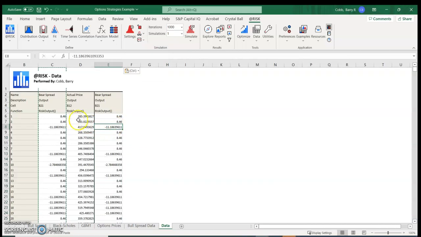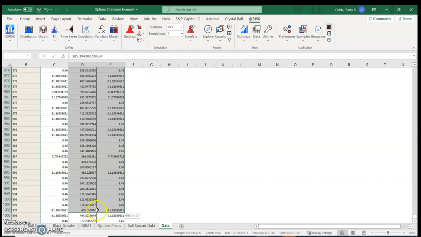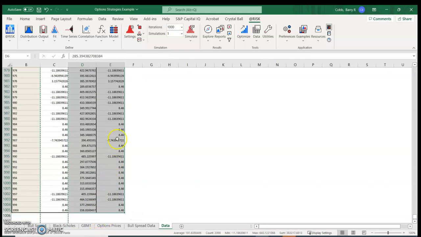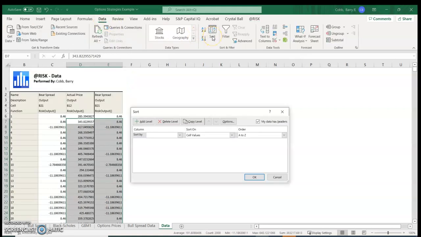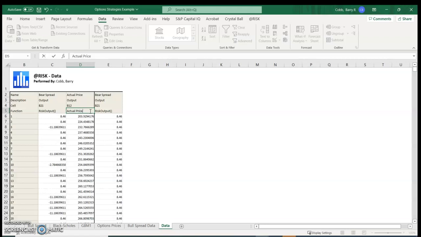Then we're going to sort the data by the actual price, but we'll sort both columns. I didn't highlight the data with the headers, so we'll sort it by column D from smallest to largest. So here we have the actual price, and here we have the bear spread.